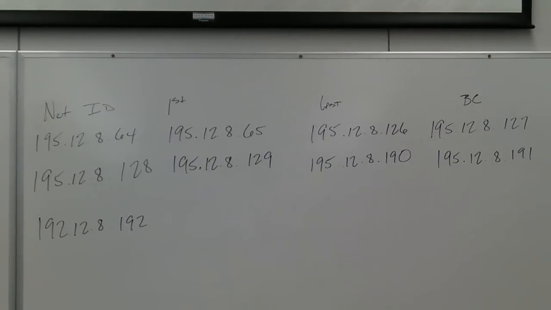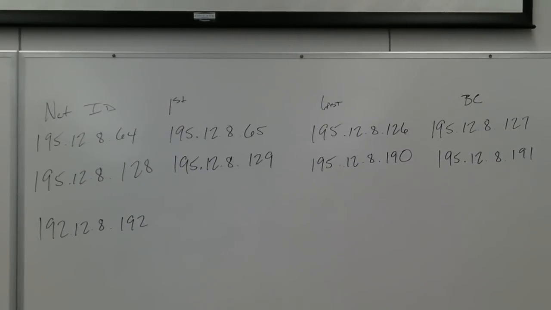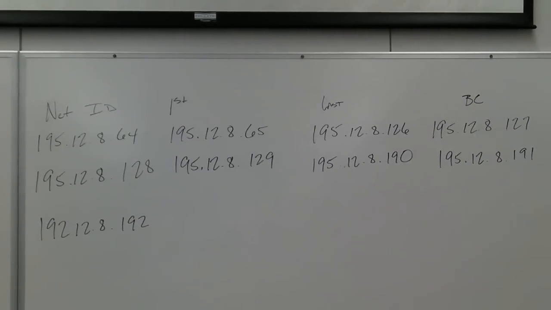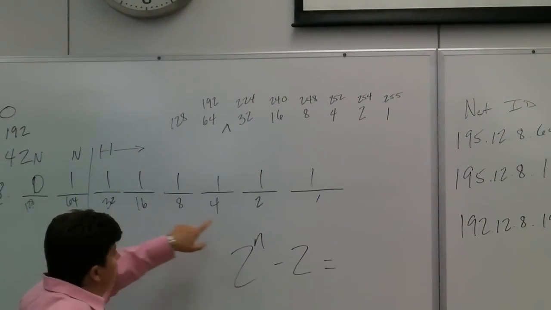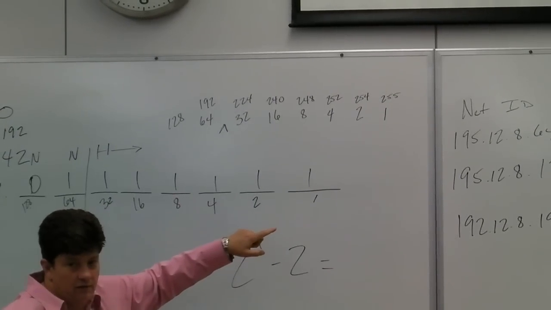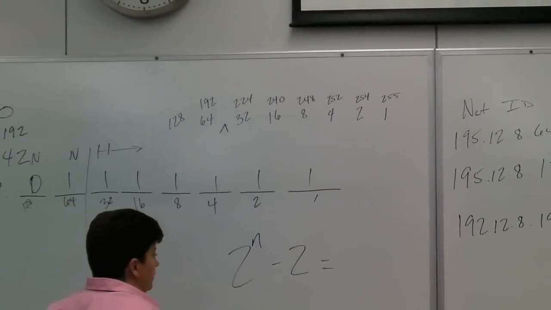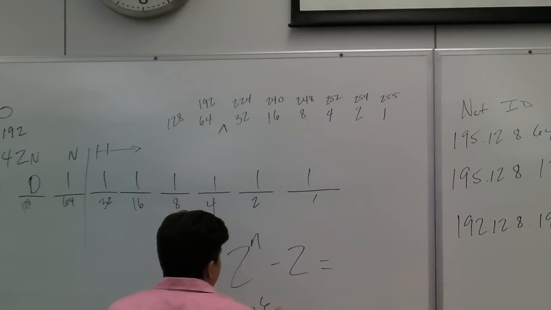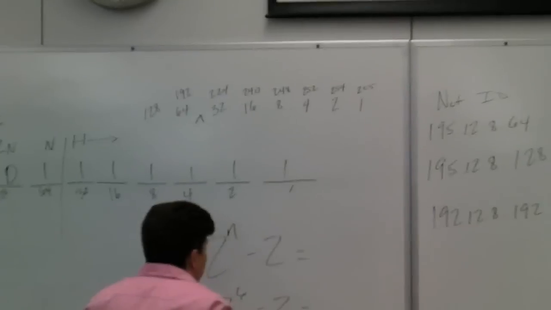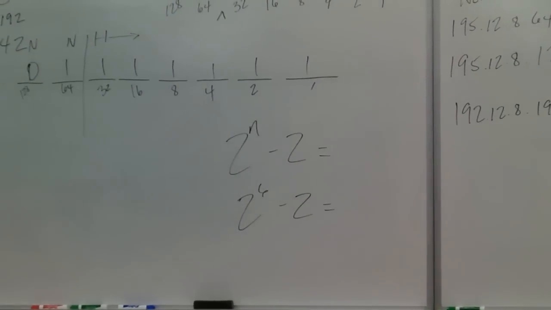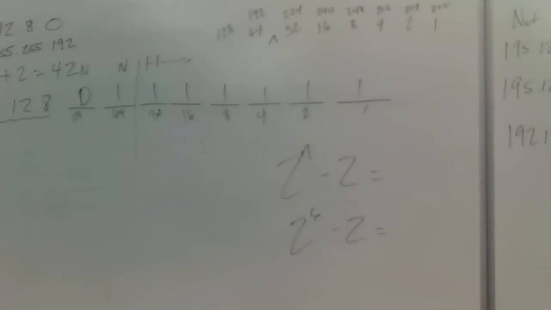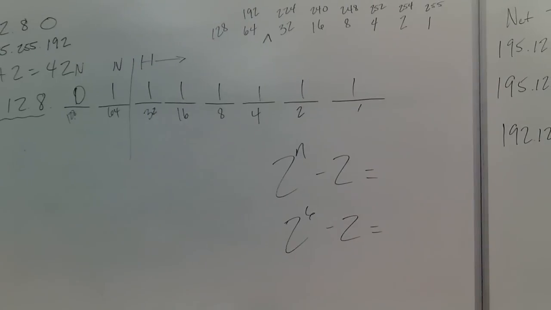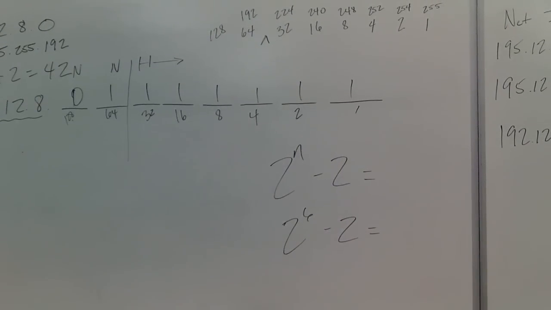This n is the number of bits that you're dealing with when you're talking about network side or host side. So n, how many bits on the host side? 6. So this is actually 2 to the 6th minus 2. Do you know what 2 to the 6th power is? No. That was a good guess though. It's up there.